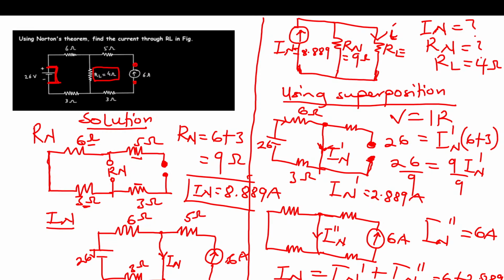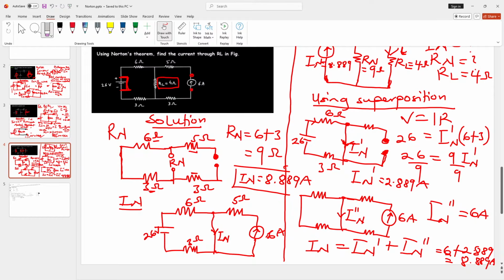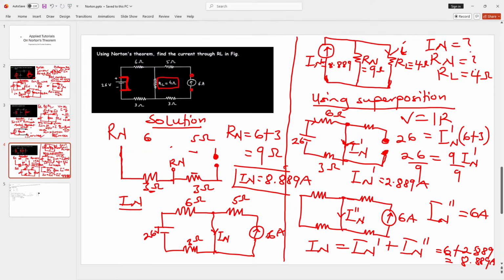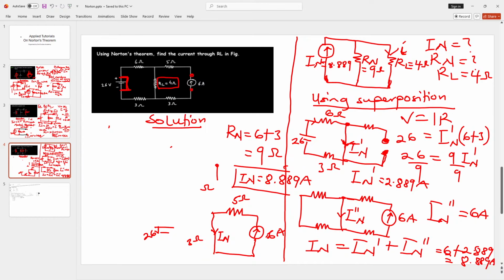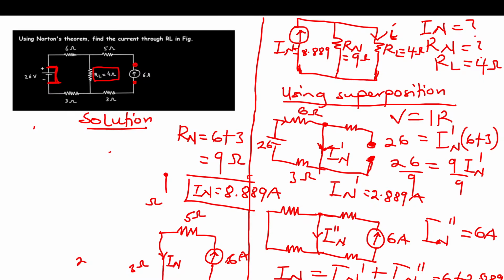Now RL is 4 ohms. The question is asking us to find I, this I here, the current passing through the load resistor.